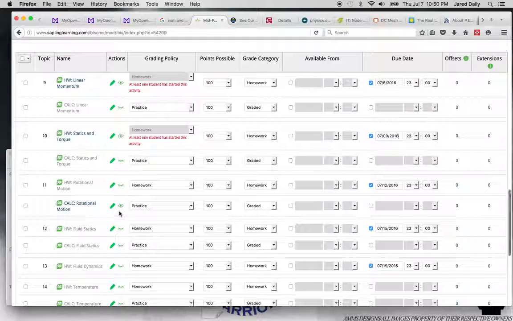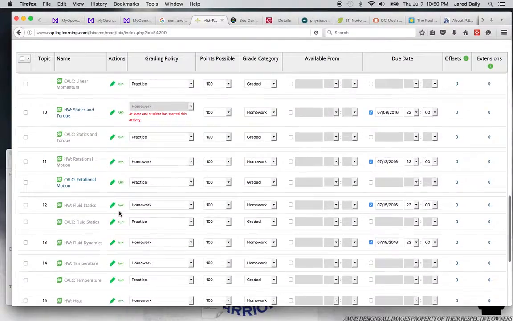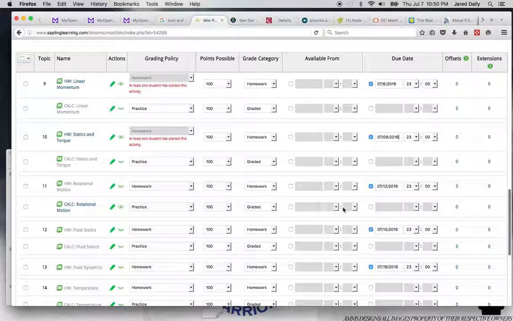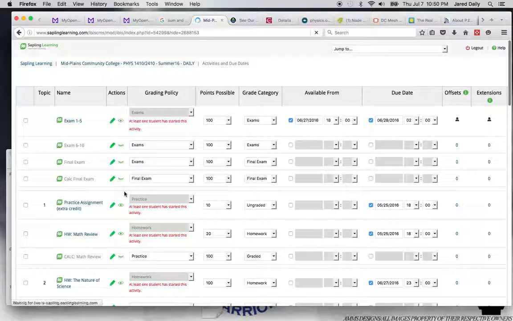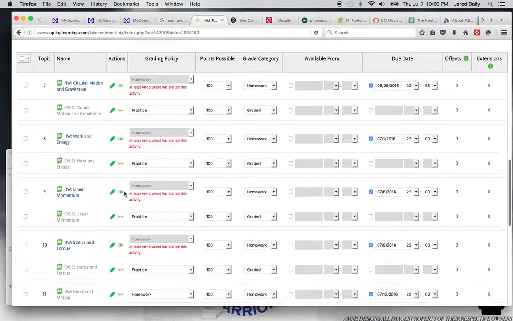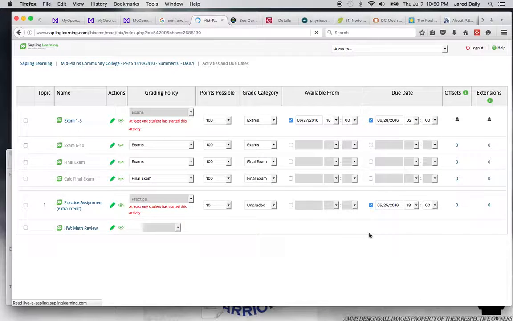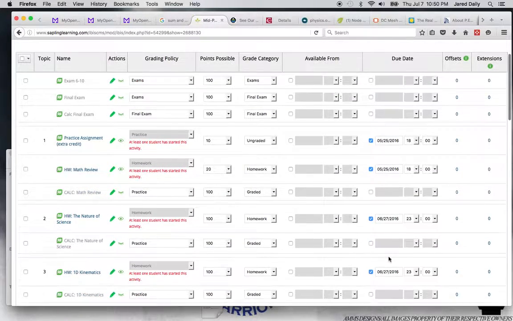And then rotational motion is next. Let's see, that's calculus. That's not the one I want to open. Did that one wrong. Rotational motion is this one, which we want to do the 12th, or maybe the 13th.